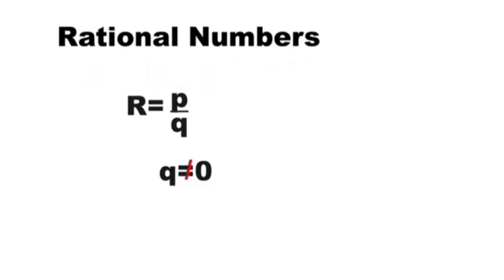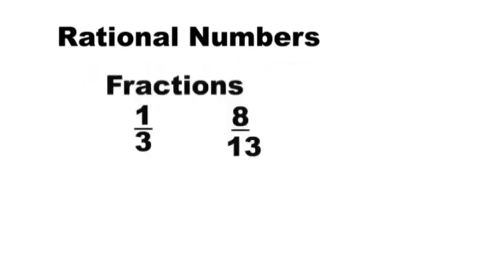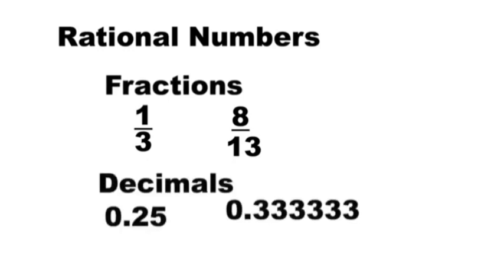Under the rational numbers are the fractions, 1/3, 8/13, and the other types of rational numbers are the decimals, such as 0.25 or 0.3333.